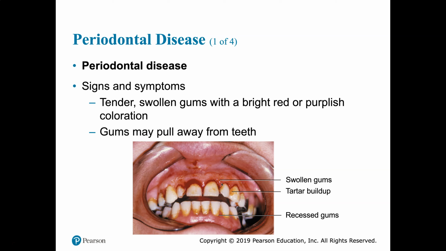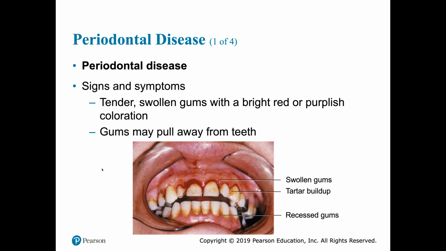And basically the support structures, the gums and the bone that hold teeth in place, start to weaken, and then eventually, if they weaken enough, that tooth falls out. So periodontitis is a much more severe form of gingivitis.